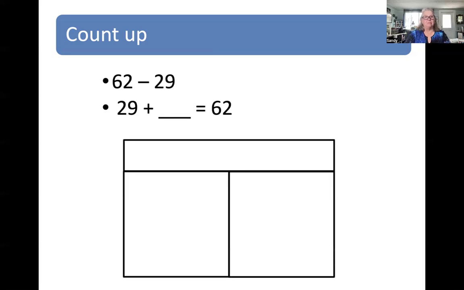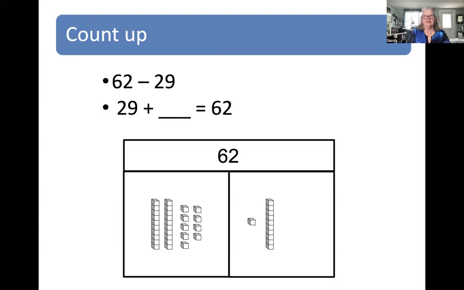So this is a total part chart. If you think about 62 as the value I'm trying to get to, I'm starting with 29. What do I need to do to get to 62? So typically we would say the value and think about the counting back change. 29 and 1 is 30, 10 is 40, 10 is 50, 10 is 60, 61, 62.